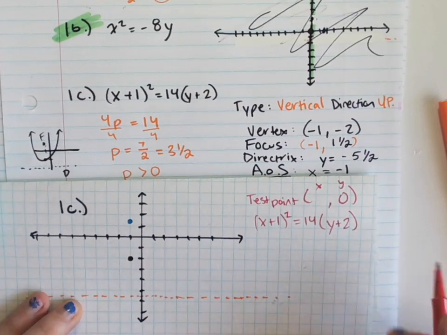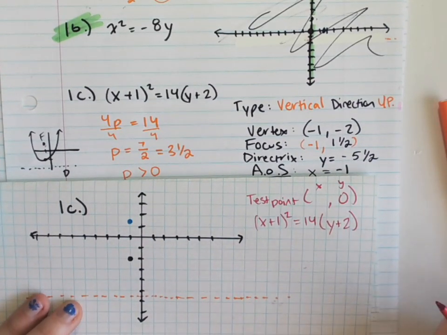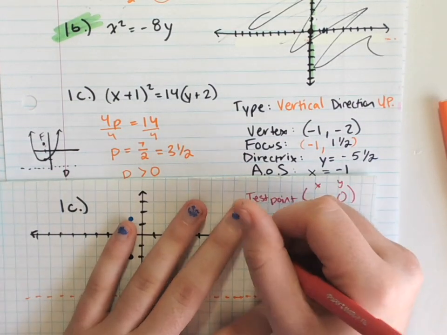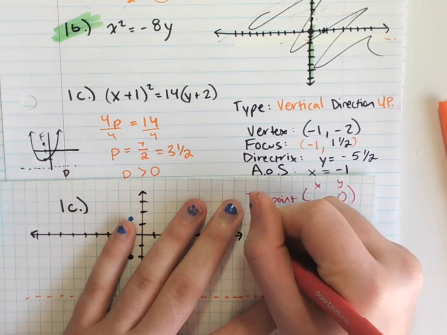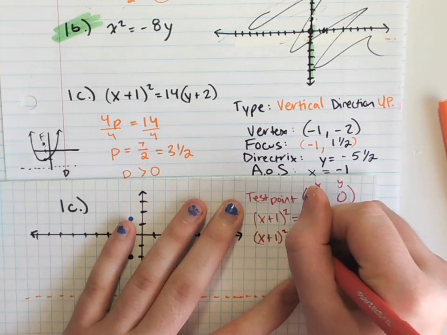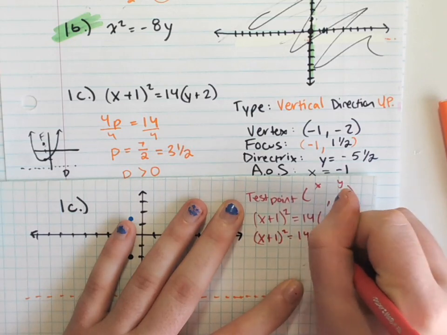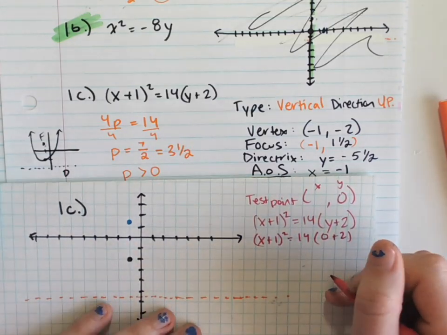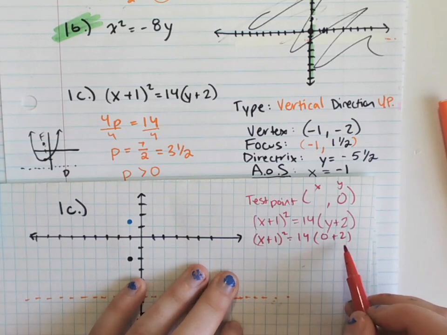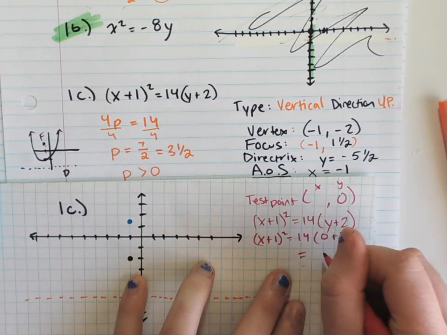I'm going to plug in 0 where I see a y and then solve for x. So I have x plus 1 squared equals 14 times 0 plus 2. So 0 plus 2 is just 2. 2 times 14 is 28.